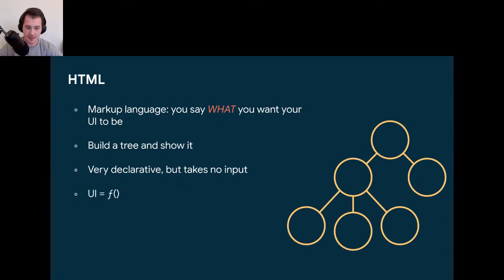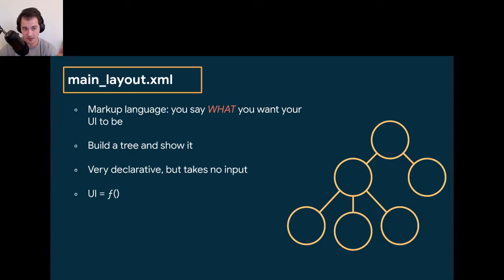We can describe the HTML engine as executing a function without any parameters and producing a tree. Then you have to manually update, which we will come back to in a second. If I change the title name from HTML to main layout XML, or whatever name you have in your Android application, nothing will change.